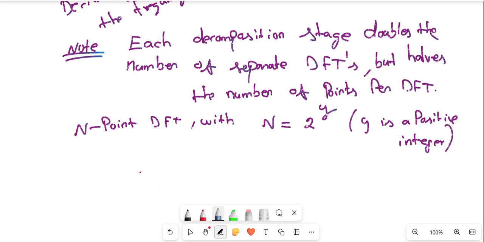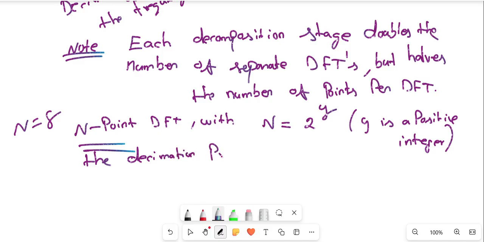This decimation process can be repeated. So for an n-point DFT with n equal to 8, the decimation process is repeated.